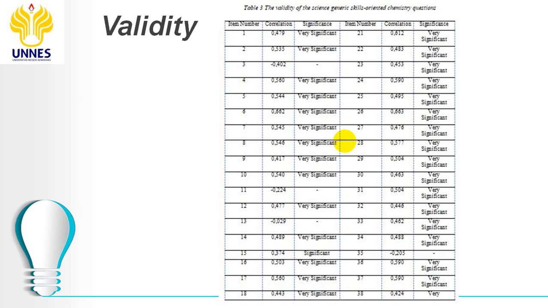Validity is related to reliability. Reliability is needed to obtain valid results, because a reliable question will produce a valid question, so the question or test is valid and reliable.